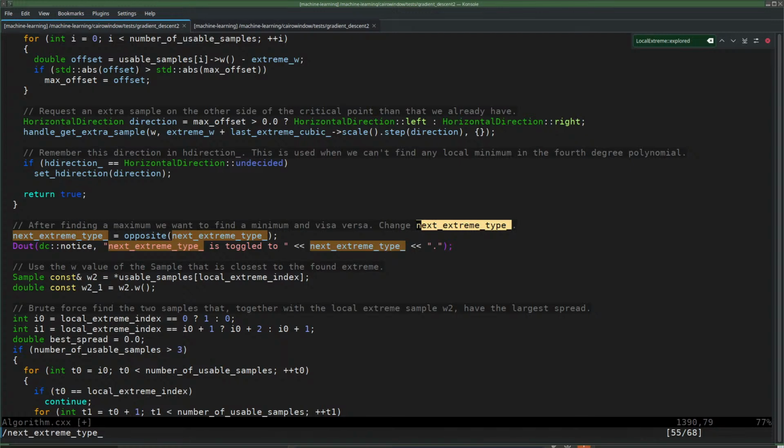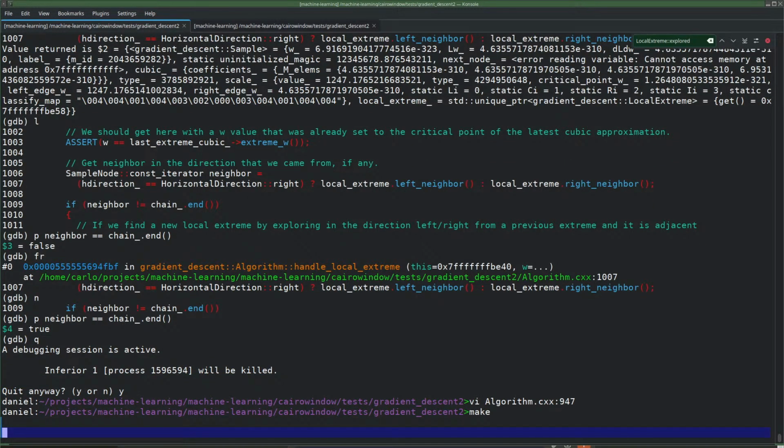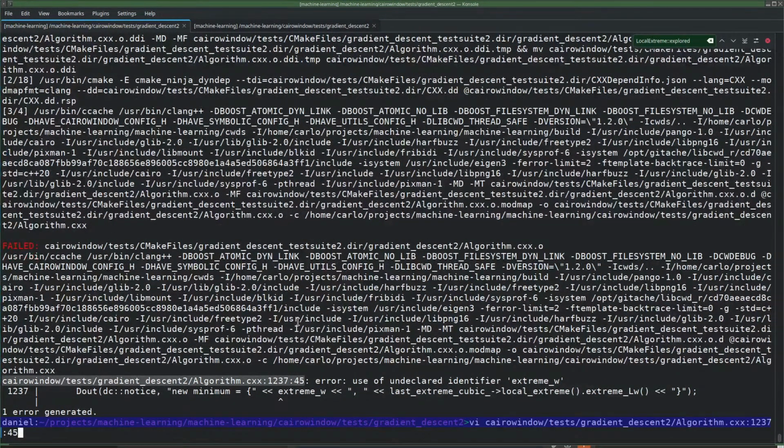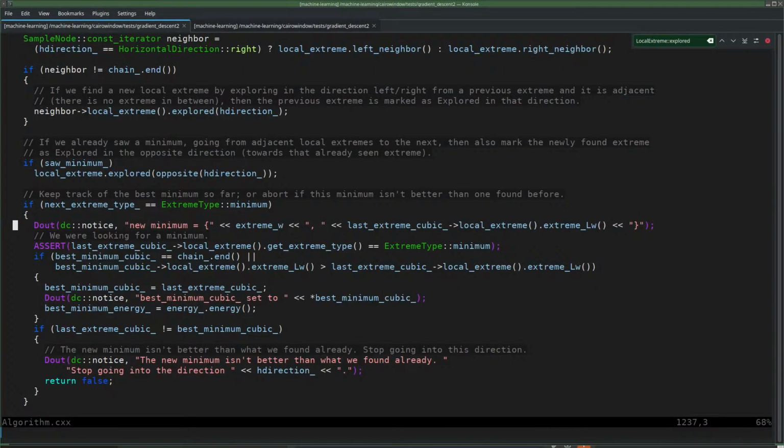So yeah, could move this up. I'm not going to move it up though. I was just going to say if it compiles then it works, but no. You don't have extreme W anymore.